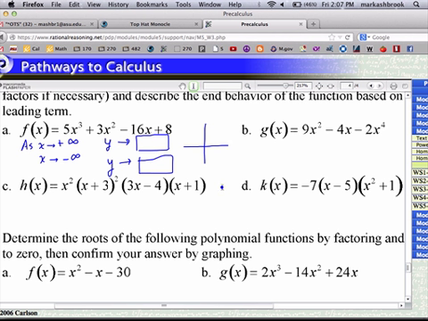The end behavior: so for this function f, you're determining what the graph is like far out at the right end, far out at the left end.